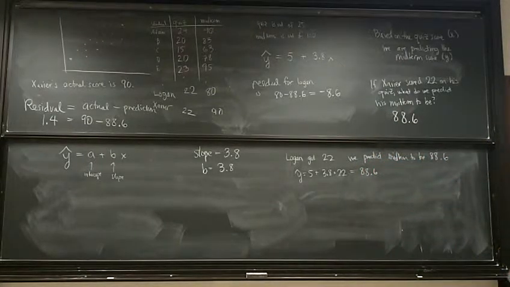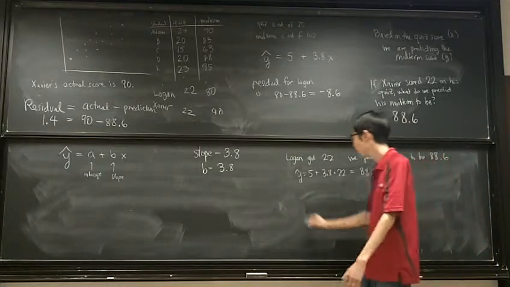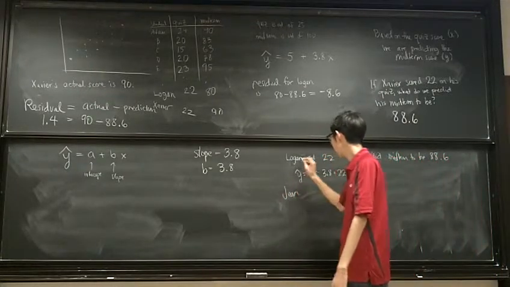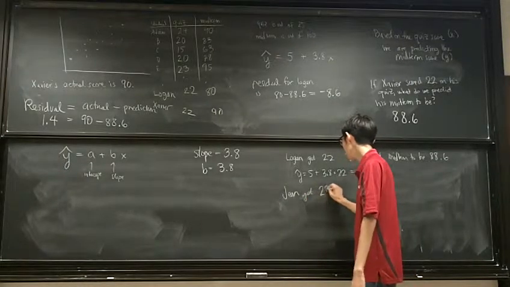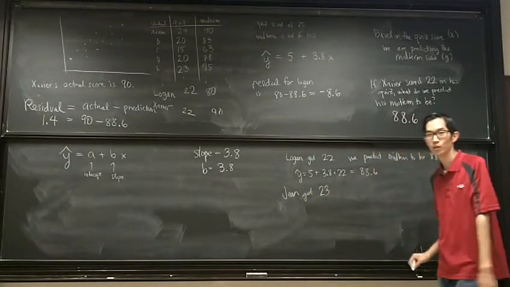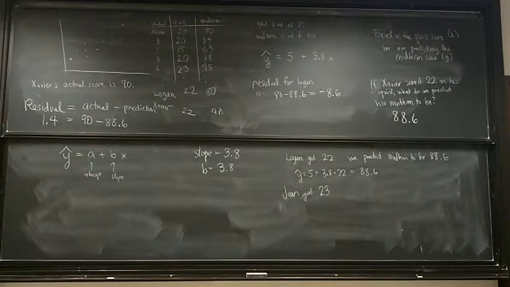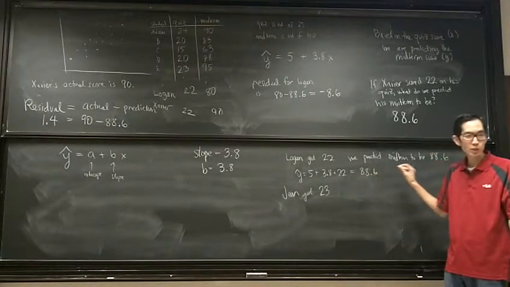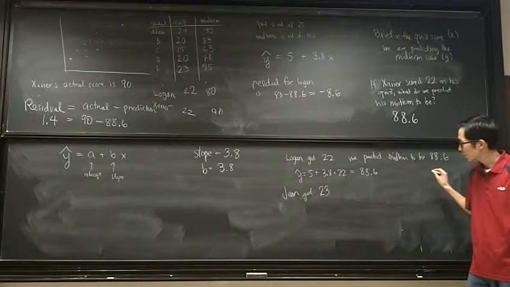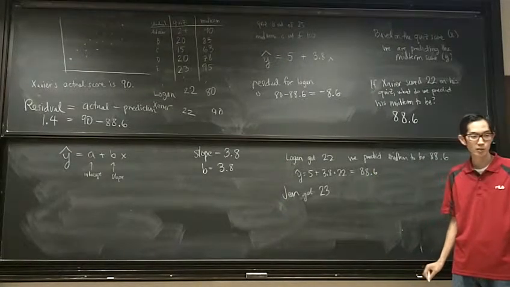Let's say Jean took the quiz, and let's say she got 23 on the quiz. What would we predict Jean's midterm score to be?